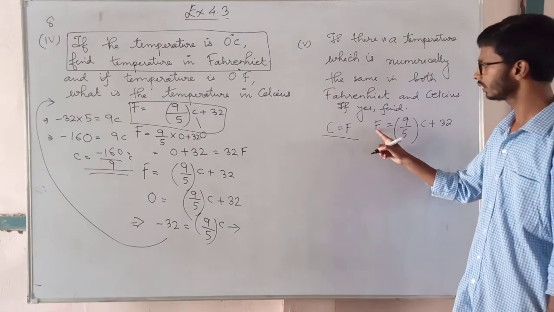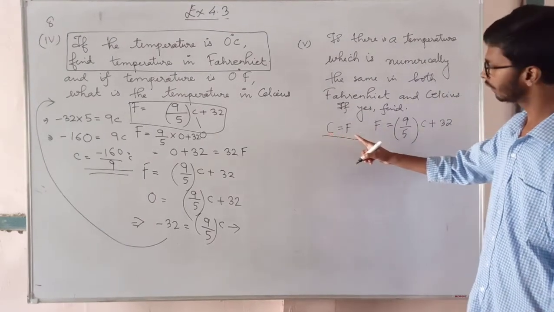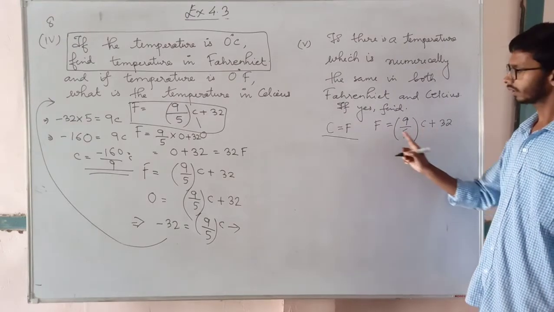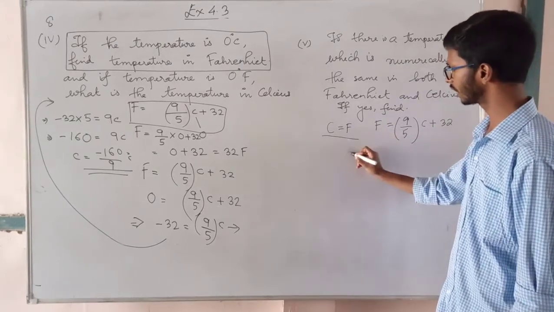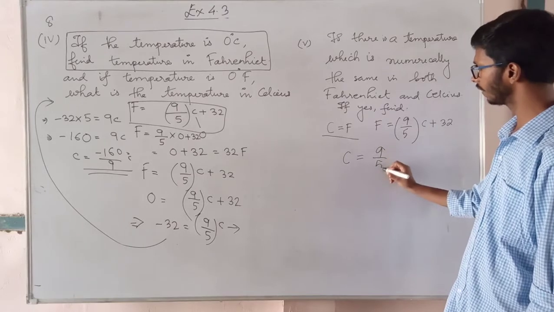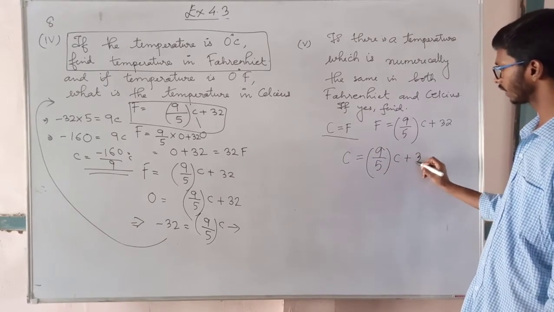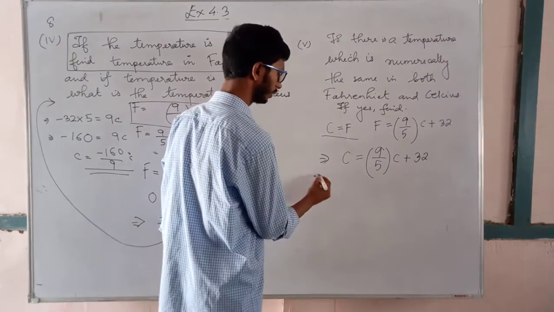So now let us put F equal to C. Okay. We can also put, if you want, C equal to F. Any one you can put. Okay. So let us put F equal to C. So now it becomes C equal to 9 by 5 into C plus 32. Let us solve it.